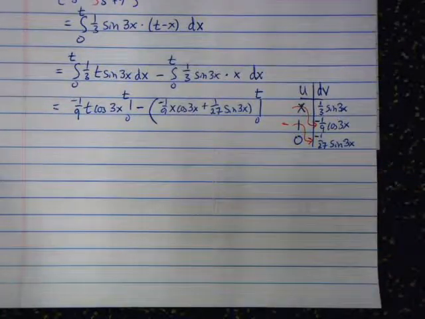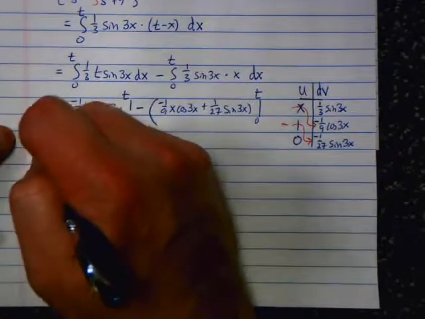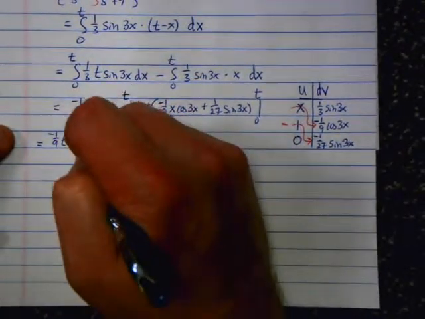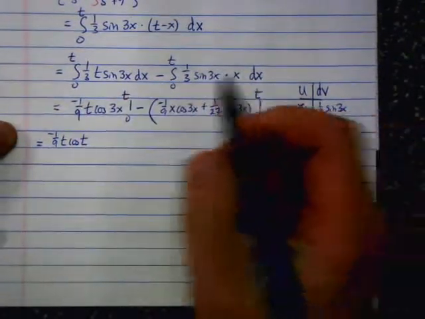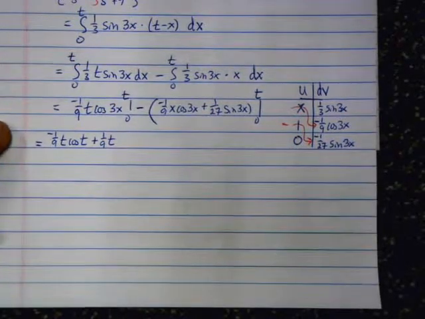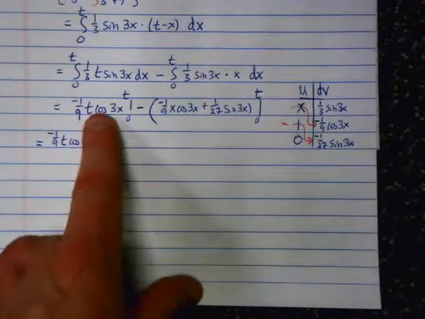All right, so all that's left to do is plug in my numbers. I have negative 1/9 t cosine 3t plus 1/9 t, because when I plug in 0, cosine of 0 is 1.